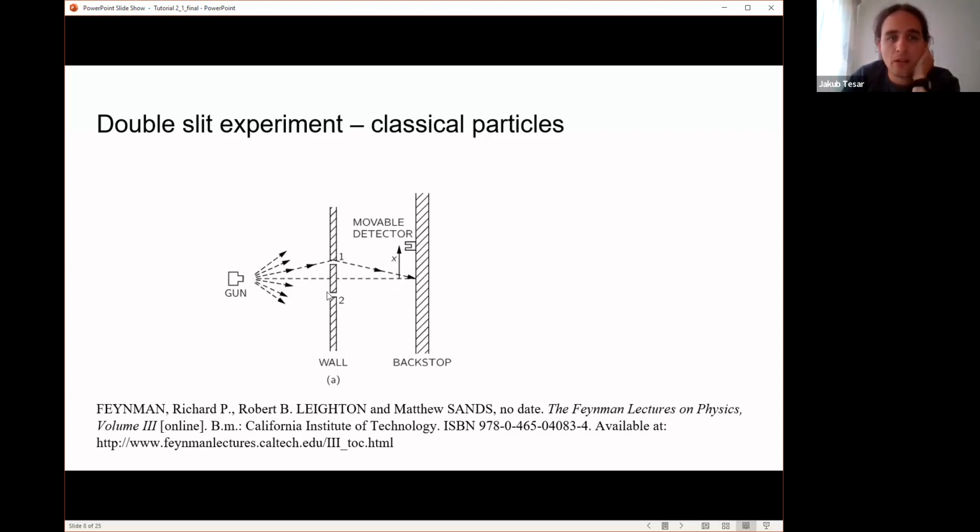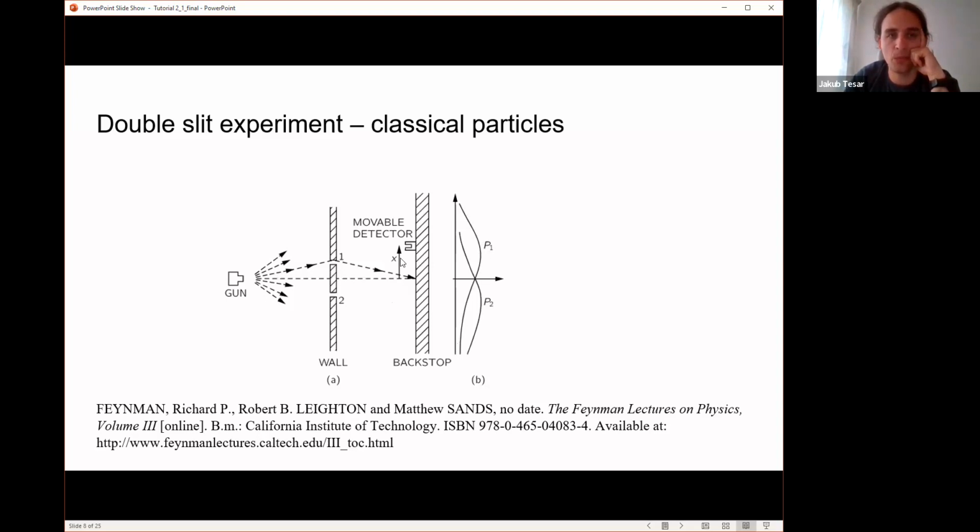We can understand the experiment quite nicely when we open only one of those slits first. If we open only slit number 1, and then only slit number 2, you would expect the intensity of the bullets found in the backstop to look something like this.